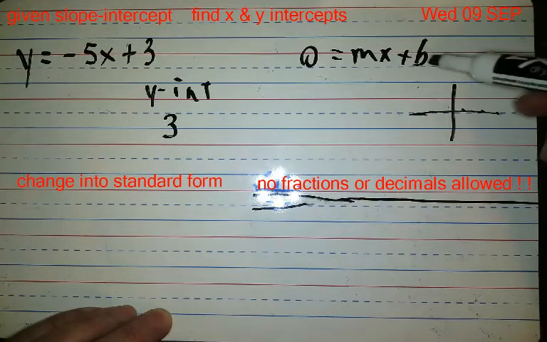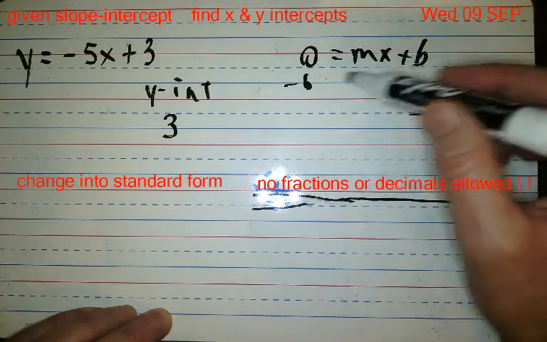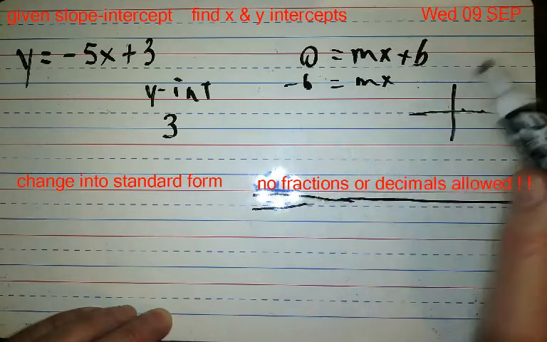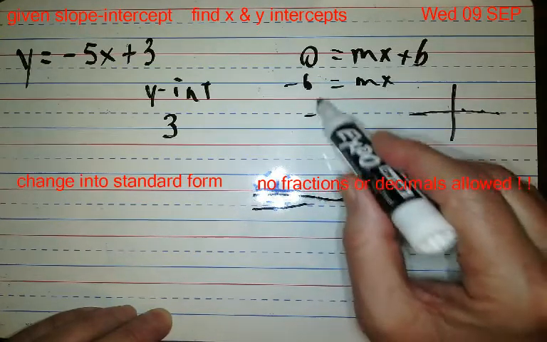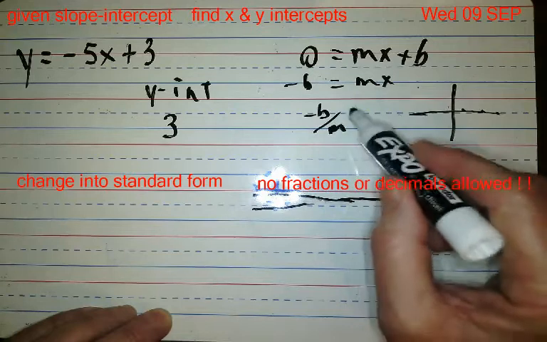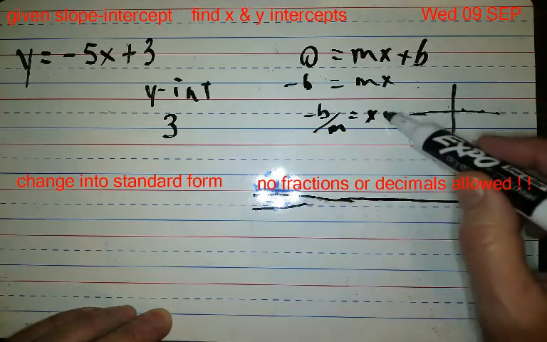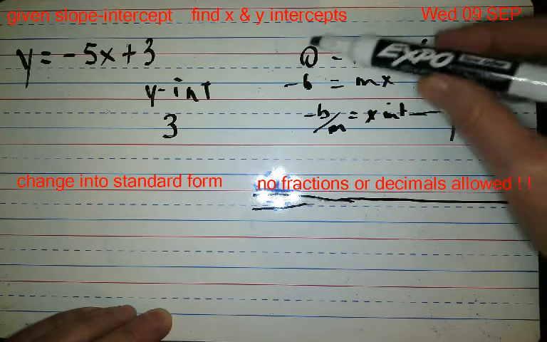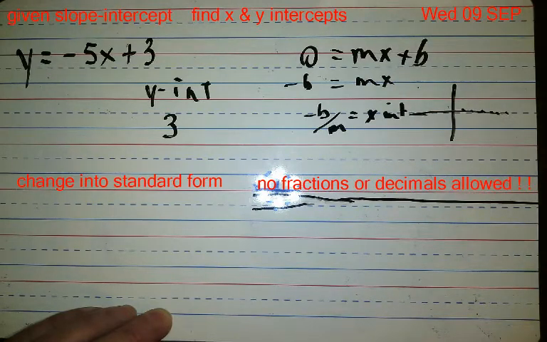And you have to subtract the b, which leaves us with negative b equals mx. And then you have to divide by m. So that's the x-intercept. Right? We know that every point on the line is something comma 0, like 2 comma 0, 5 comma 0, whatever. Y is always 0 when you're looking for the x-intercept.